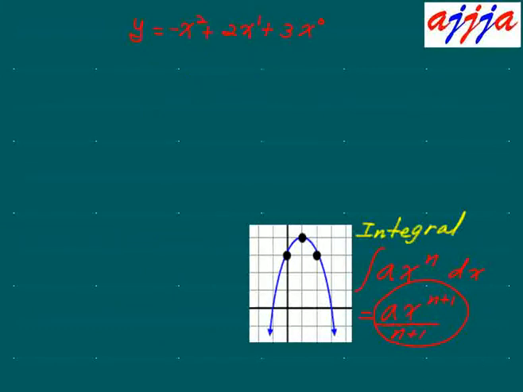Now, let's get the area for this shape right here. Not the left hand side, just the right hand side of this shape, from 0 to 3. So the area for that is the integral.